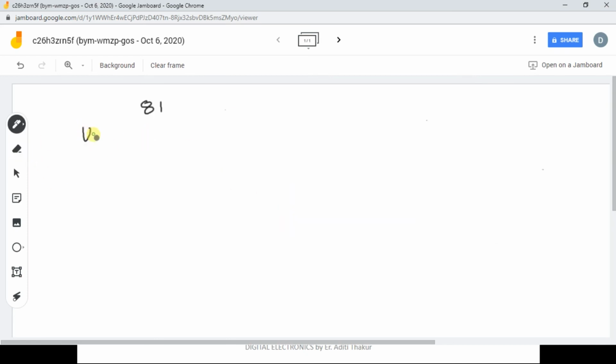Now first of all, unpacked BCD. For unpacked BCD, we have to represent each digit in 8 bits. So first we will represent 8 as 0000 1000, and for 1 the first 4 bits are 0000 and then 0001.